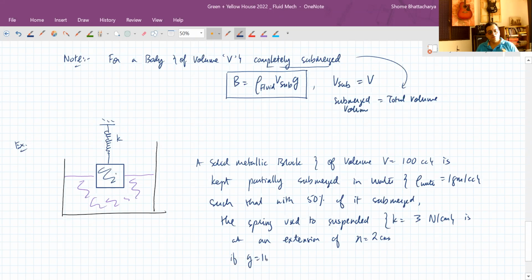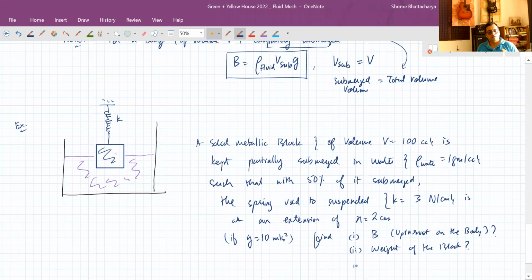If g is equal to 10 meters per second square, find the upthrust on the body or on the block, the weight of the block, and from that the density of the metal.